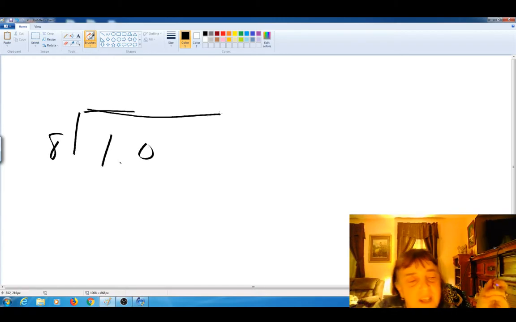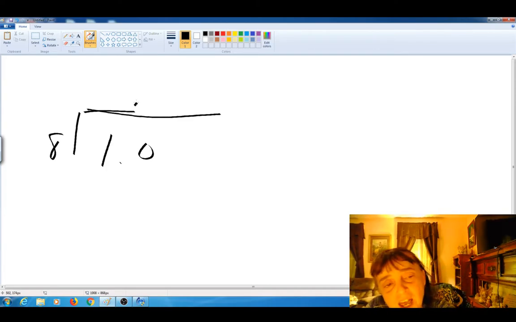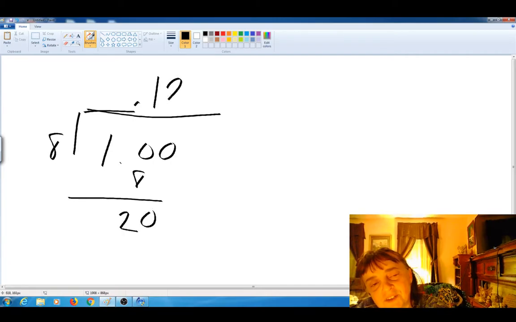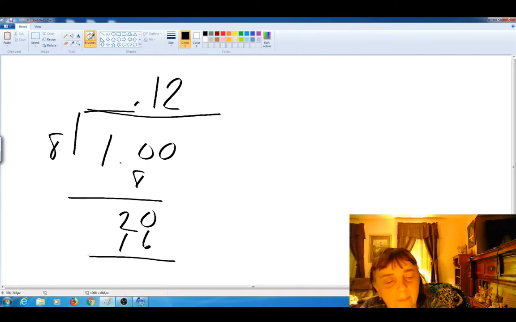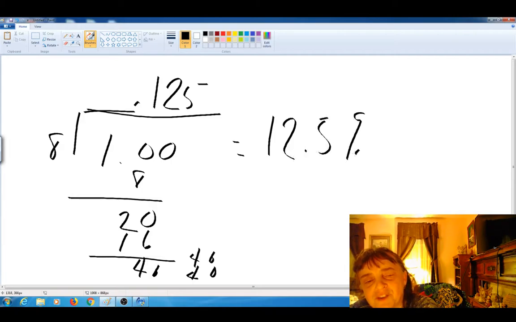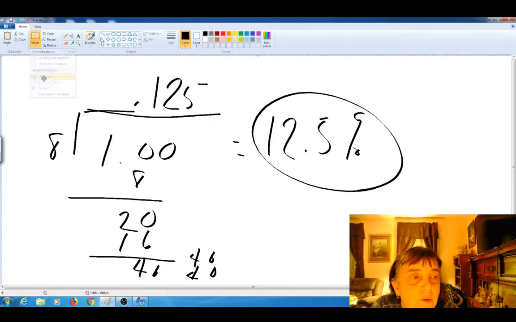What times 8 is 10 without going over? It'll be 1 time. 1 times 8 is 8. 10 minus 8 is 2. 2 8s are 16. And 5 8s are 40. And you change that to a percent, so 1/8 is 12.5%.